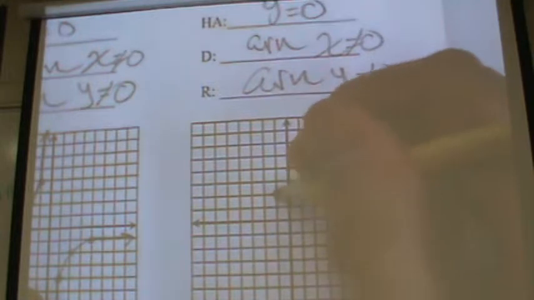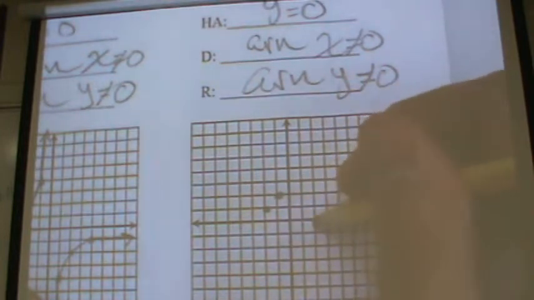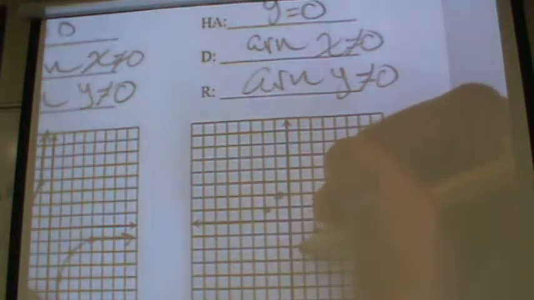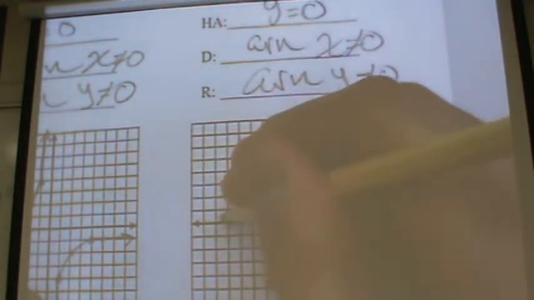Domain: x will not equal 0. All real numbers, y cannot equal 0. Just like that.